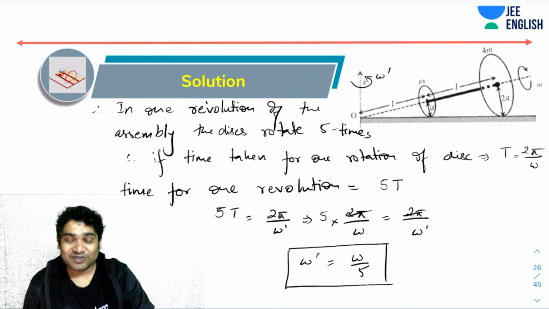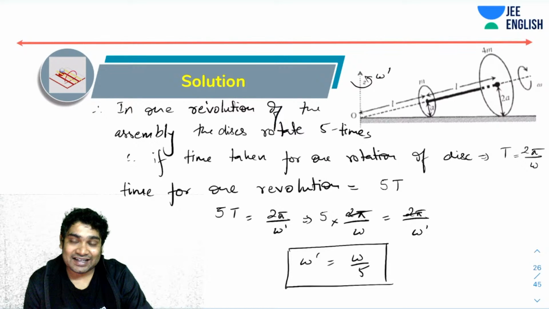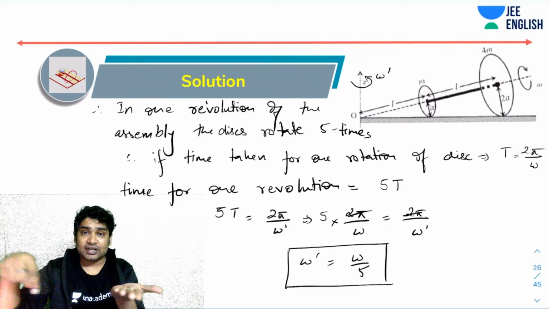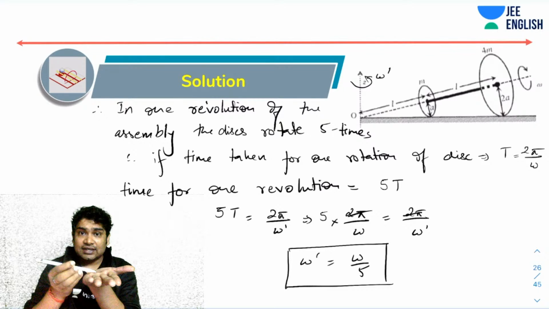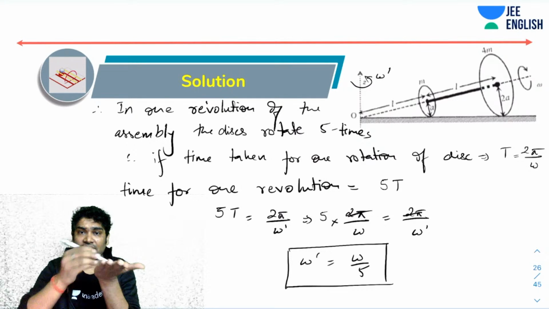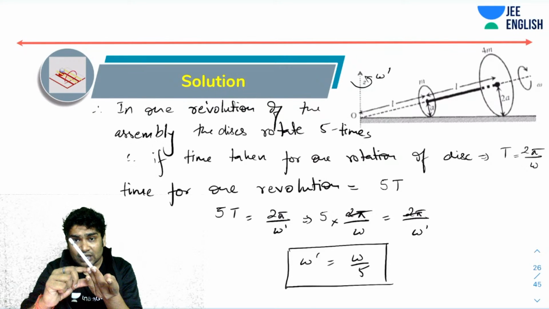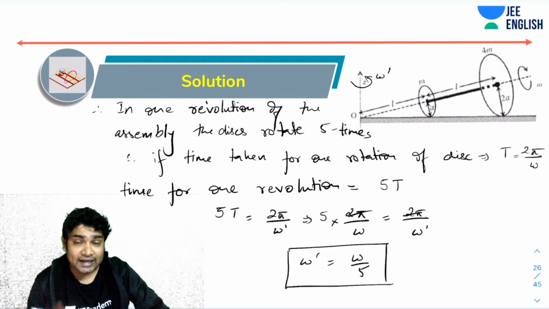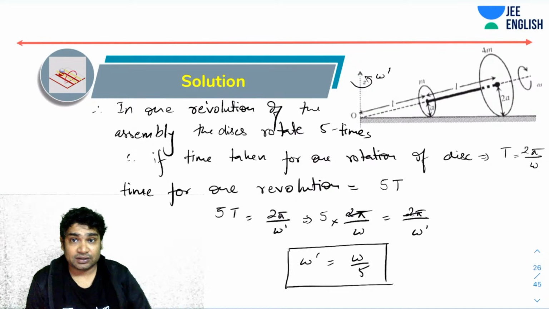So let's go through this. First, finding the omega dash is very simple. Every time this assembly goes from here and covers till here, the bottommost point which is touching it has moved in a circle of radius x, so it has covered a distance of 2 pi x.